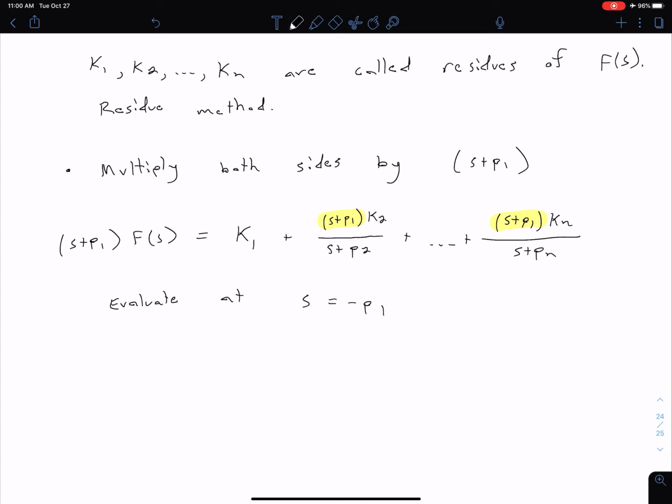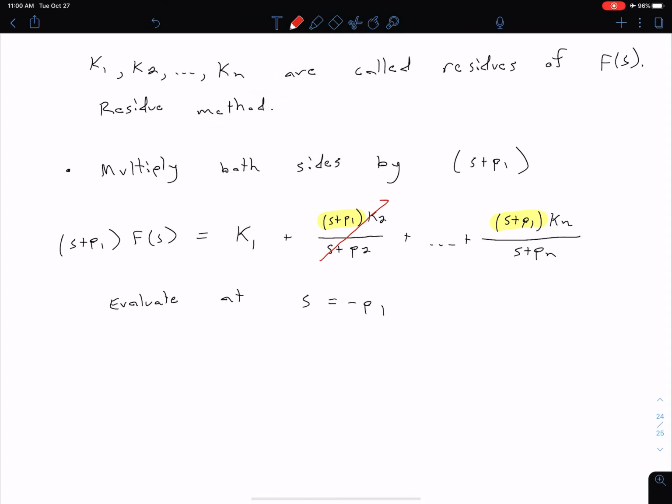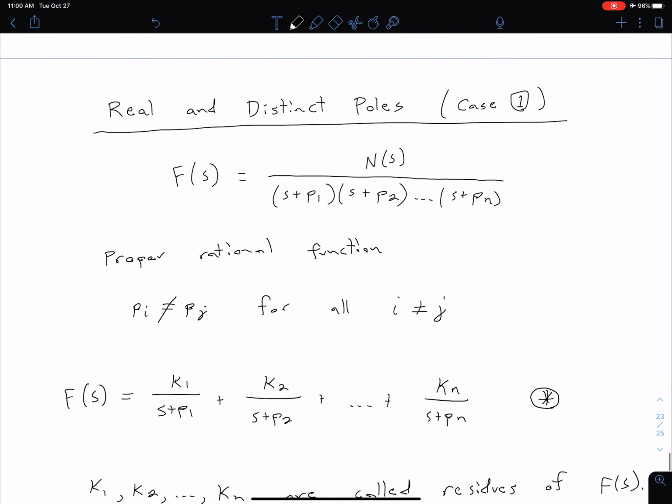So all of these terms, when we evaluate at s equals negative p1, go to 0, and we're left with just this k1 on the right side. We're not worried about the left side going to 0, because if we come back up here, remember our F of s is this function here, so the s plus p1 cancels out, and it's not going to 0.